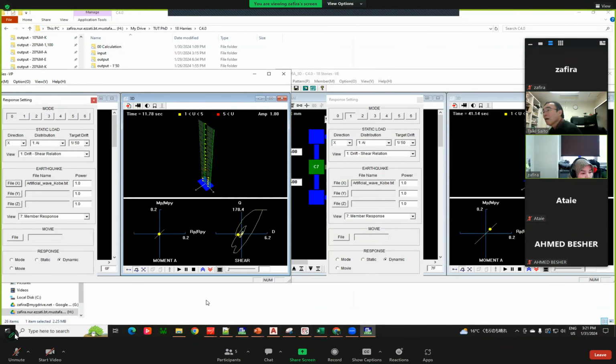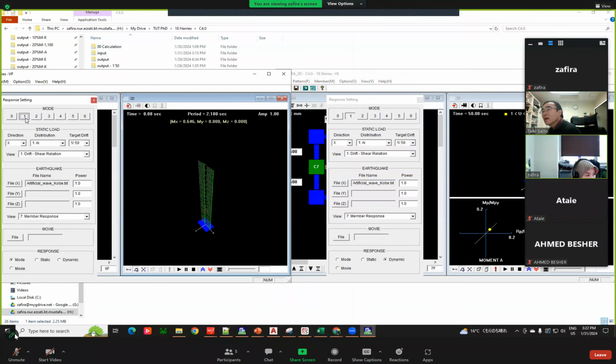This is viscoplastic. Okay. Could you also check mode 1 of this?